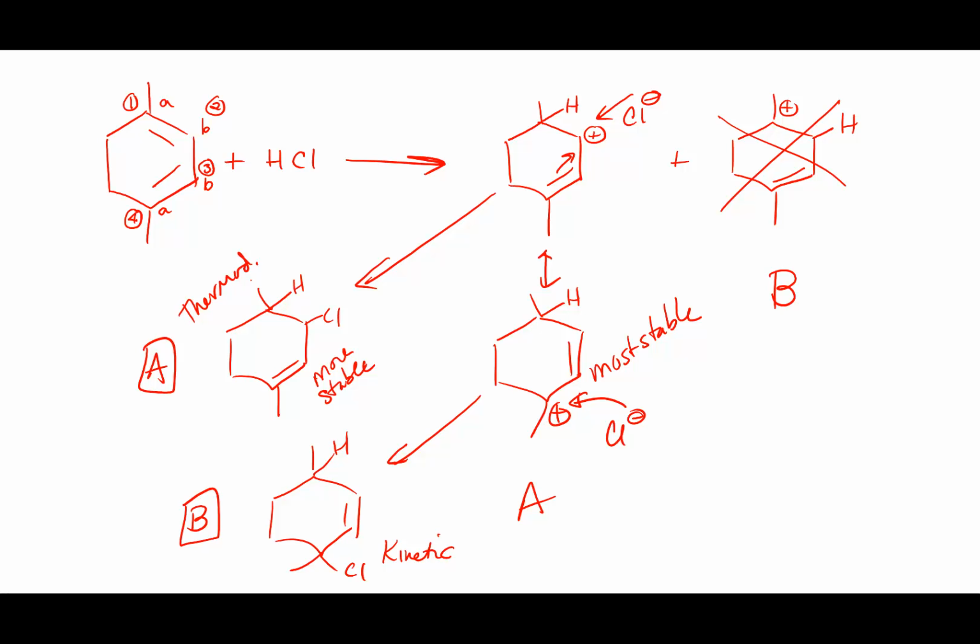What would be the resonance hybrid for this? For the resonance hybrid, I'm going to write in all the sigma bonds. Every place there was a positive charge, there will now be a delta positive charge. And the dotted lines, the partial bonds, will be between the two delta positive charges.